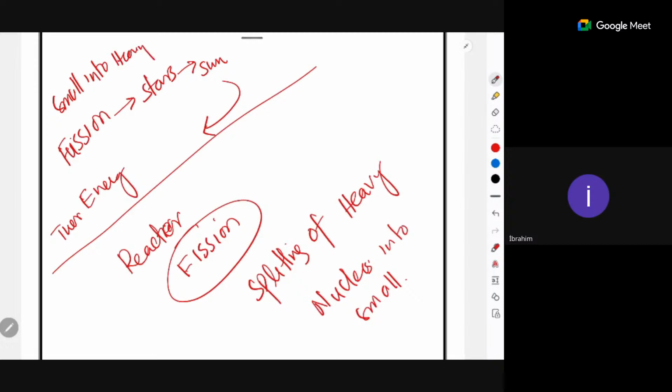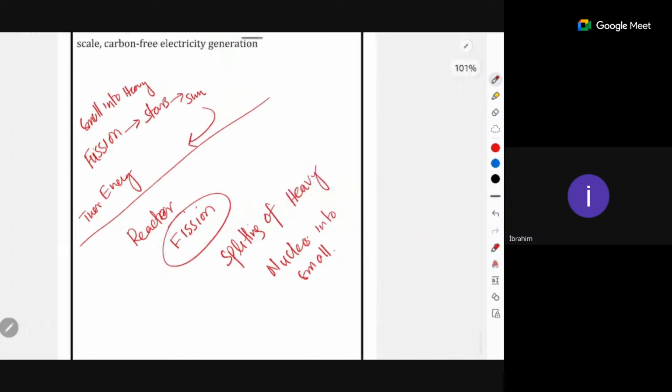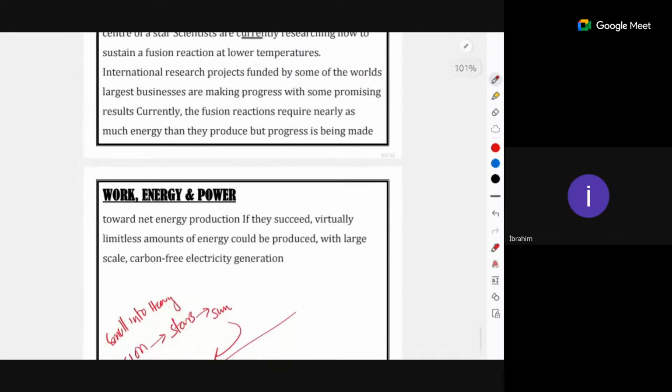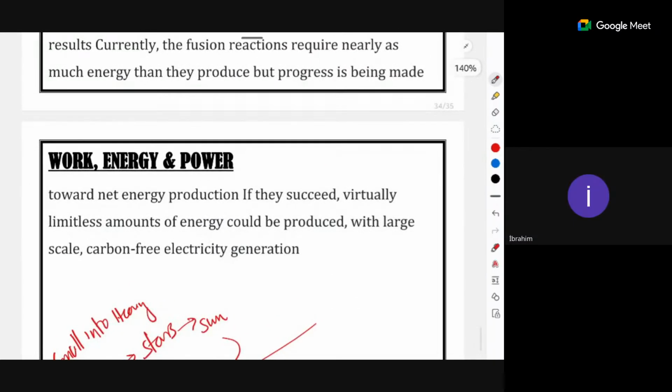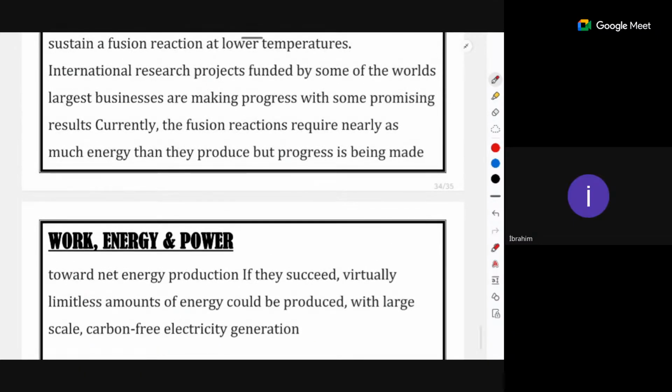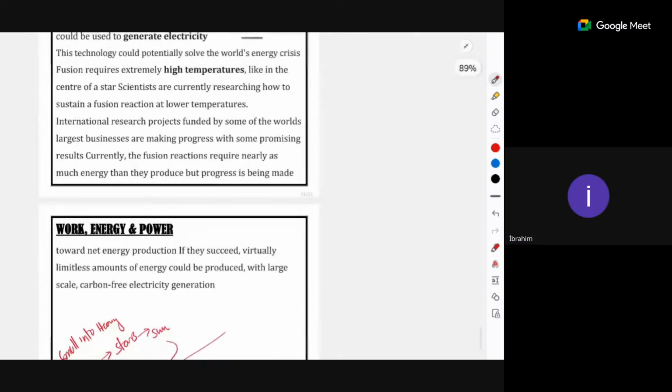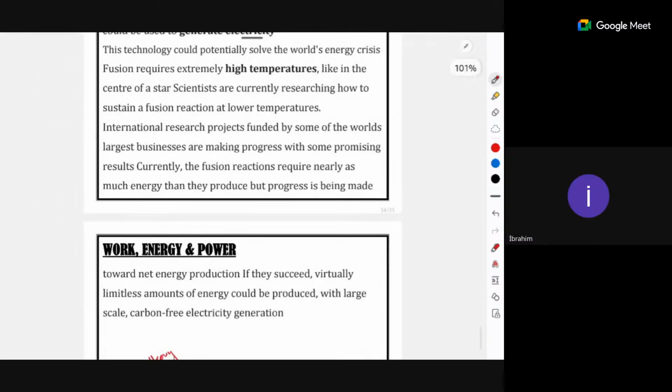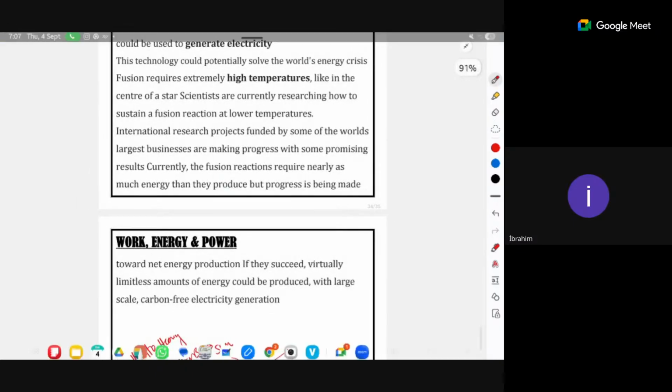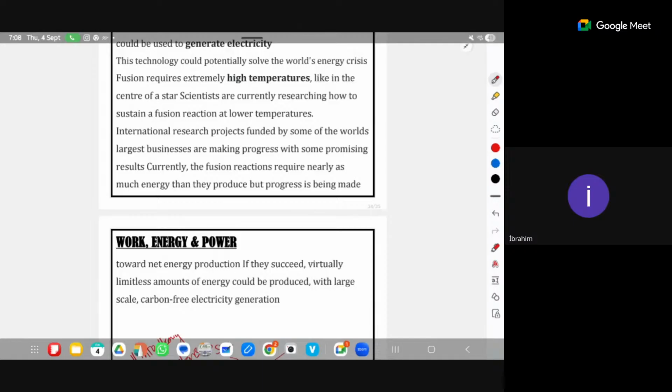We will talk about all these in detail, and hopefully this will be helpful for you. There are no big details required from this topic. That is why I have saved these 7 to 8 minutes for you to go through the worksheets.